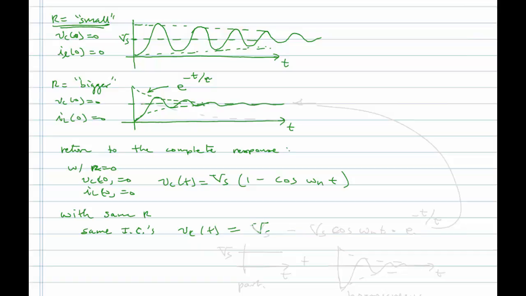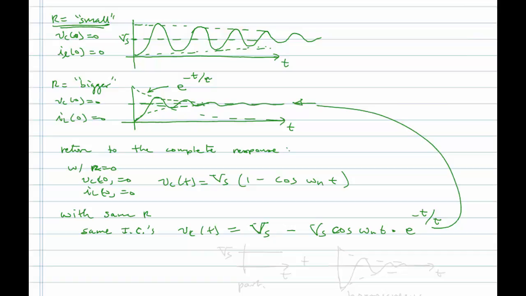We could still have the same steady state response, Vs, that is not decaying exponentially like the transient response. But now we're going to have Vs times cosine omega n t, and we're going to multiply that by this exponential e to the minus t over tau. And that functional form will indeed be able to predict something like this.